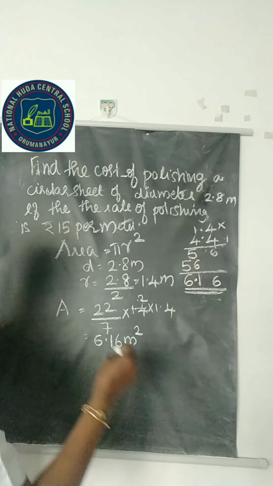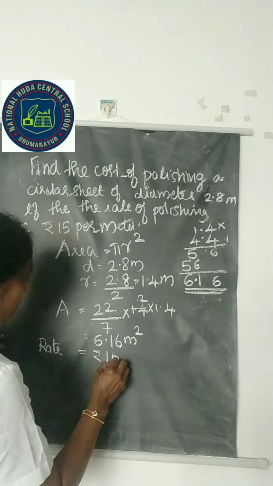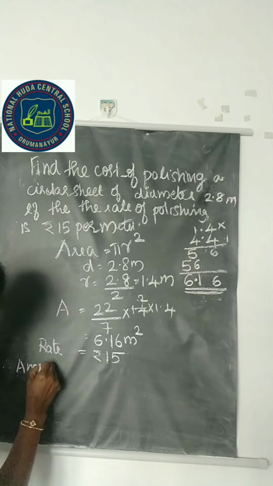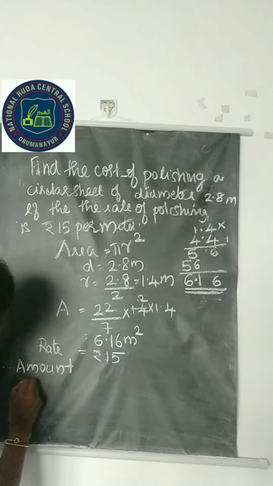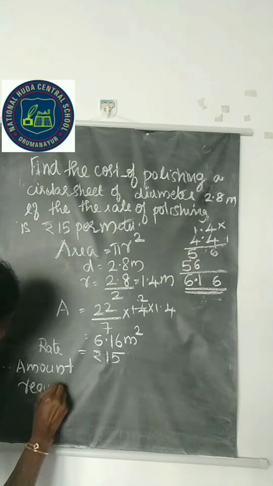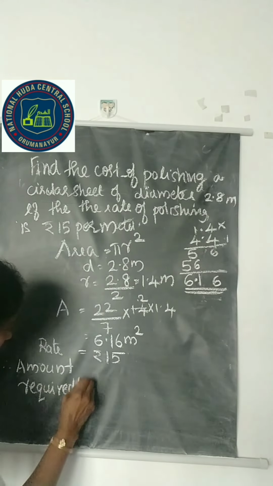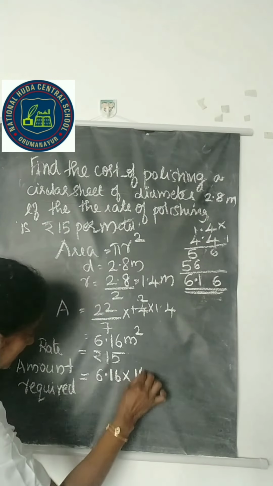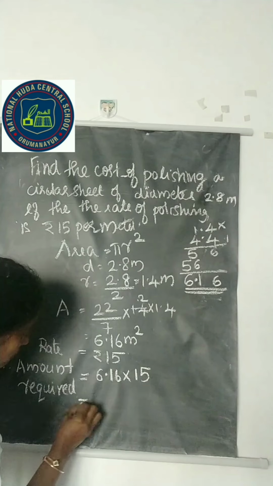Now, it's given the rate of polishing is rupees 15 per meter. Therefore, the amount required is equal to 6.16 into 15. We have to multiply the numbers, 616 into 15.